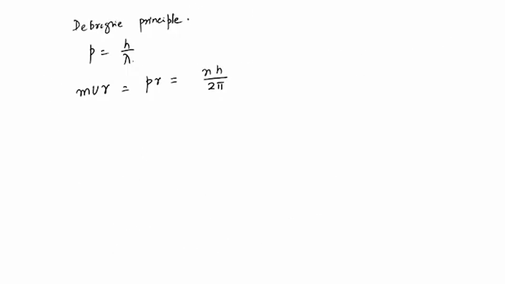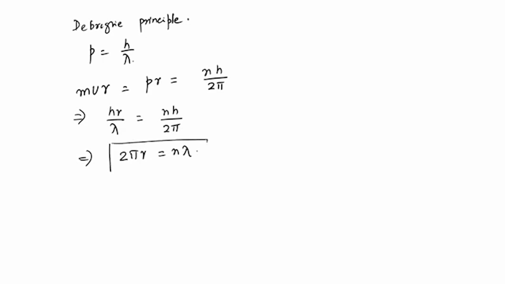It is just a division by 2 pi, it will not matter physically. So, if you apply p equal to h over lambda, this gives you hr over lambda, equal to nh over 2 pi, and the h will cancel, and that gives 2 pi r equal to n lambda.